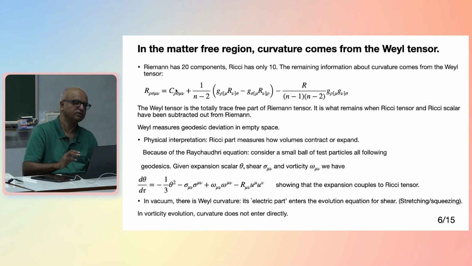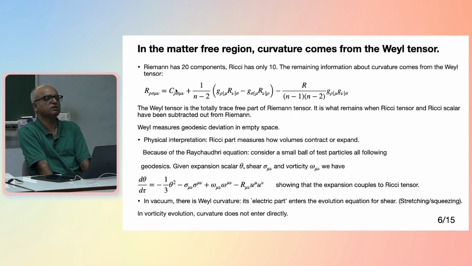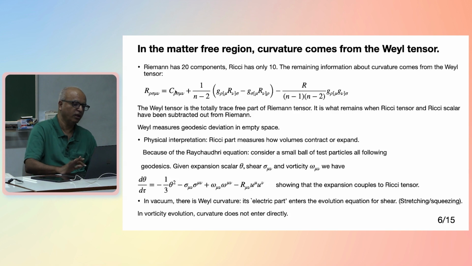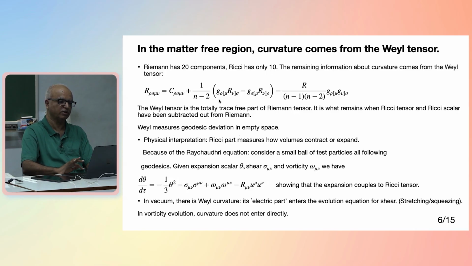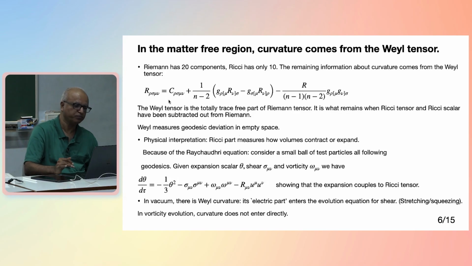So the Weyl tensor is the totally traceless part of the Riemann tensor. The Weyl measures geodesic deviation in empty space. In empty space, the second and third terms are 0, so Riemann is equal to the Weyl.